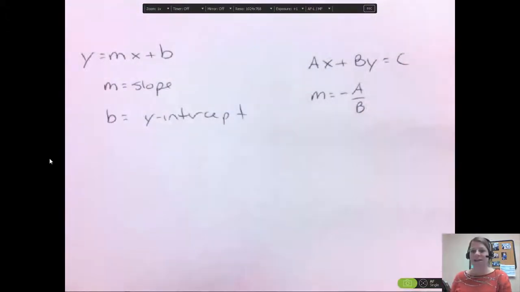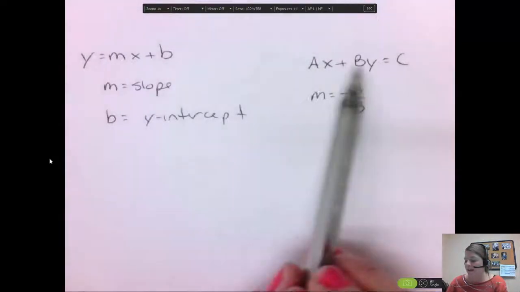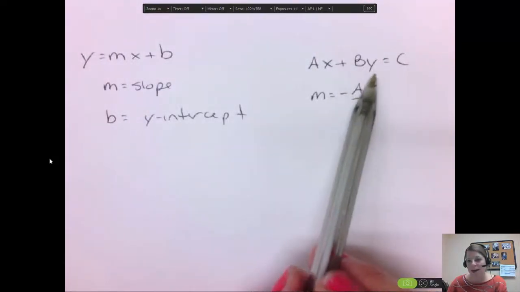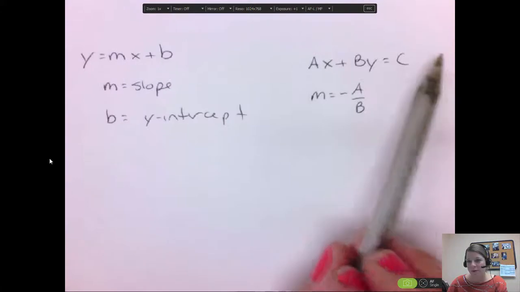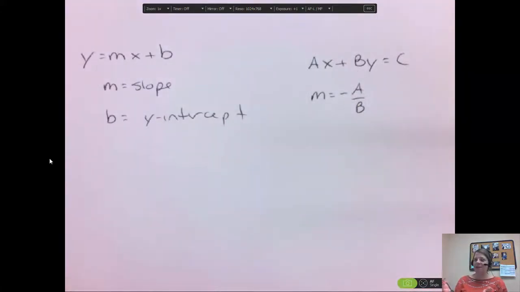So you can actually see the slope in both situations really easy. The number in front of the x, or negative a over b, because if I solved for y, I would subtract that over and divide by b. So that's where the negative a over b comes from. A lot of people go through the whole process of solving for y in order to see the slope, when you can see it in the standard form.